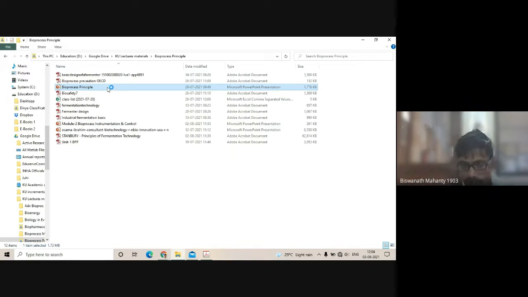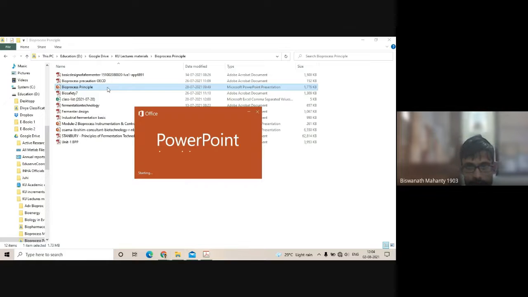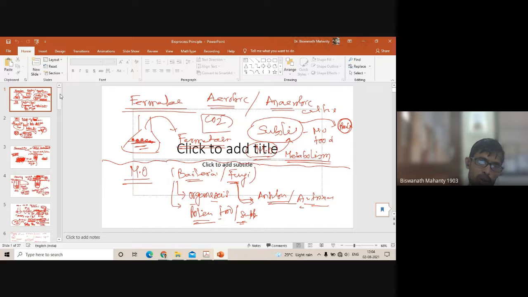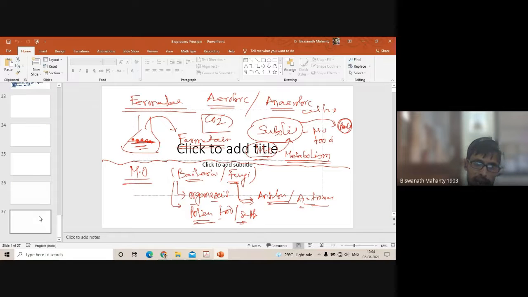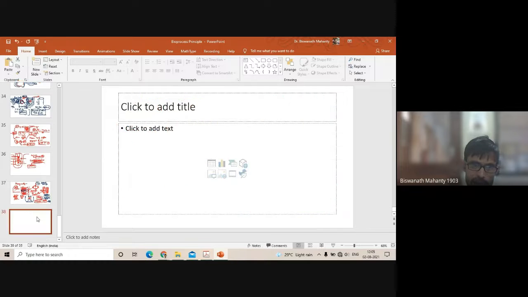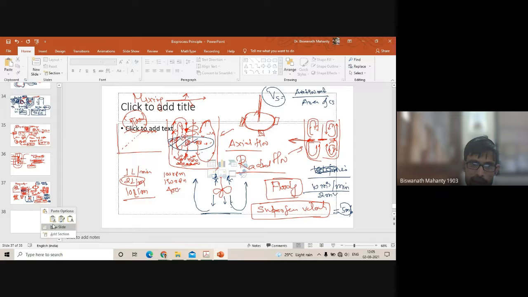Measurement is, for example, measurement of temperature. You all know that when we are running a fermenter, whether small scale, medium scale or large scale, we have some temperature requirement.